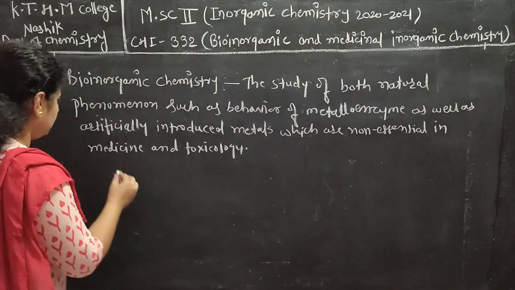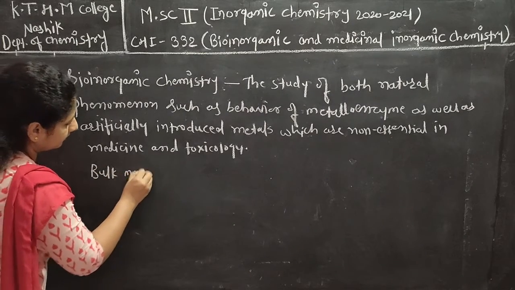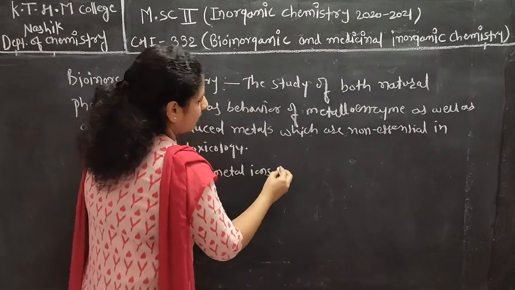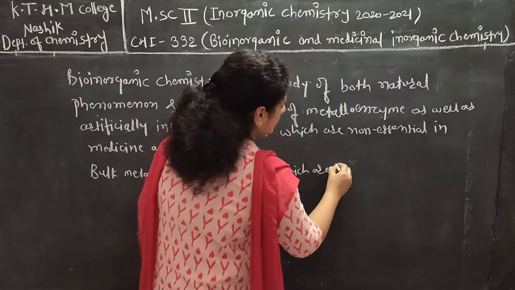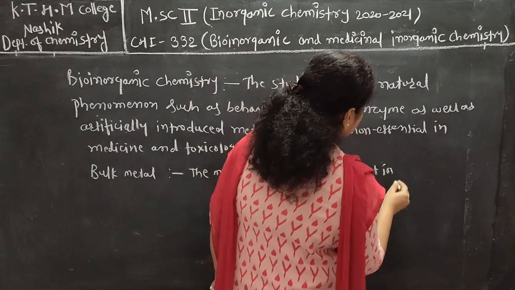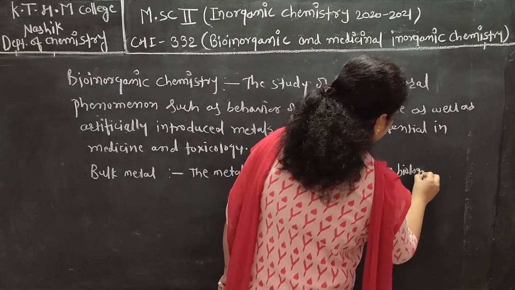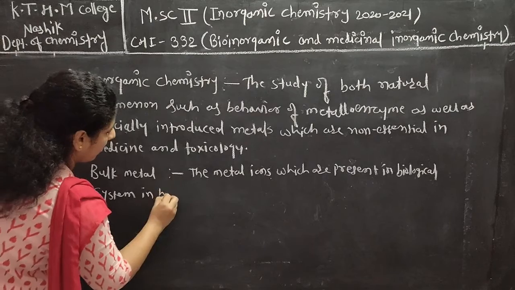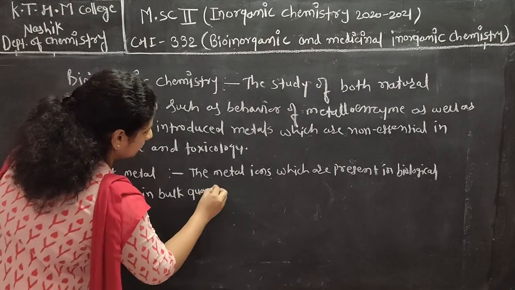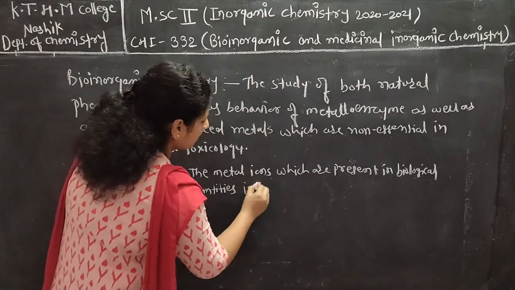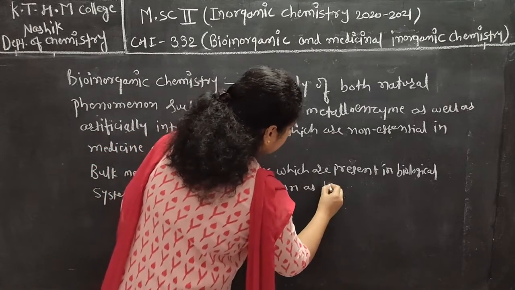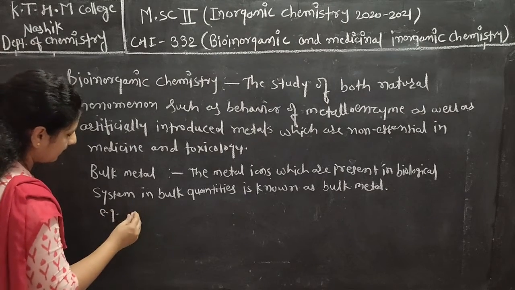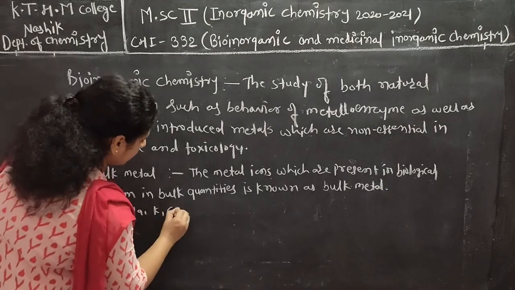So what is meant by bulk metal? The metal ions which are present in biological systems in bulk quantities are known as bulk metals. Examples of bulk metals are sodium, potassium, calcium.